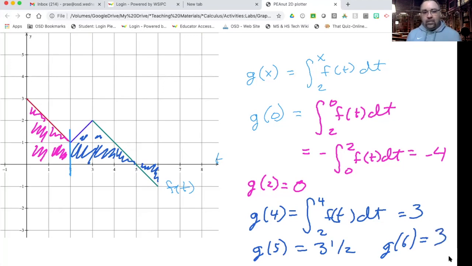Hey, by the way, anybody notice that f is the derivative of g? So what do we have at x equals 5 on the function g, right? It's got a relative maximum right there. Yeah, pretty cool. We know that because the derivative is changing sign from positive to negative.